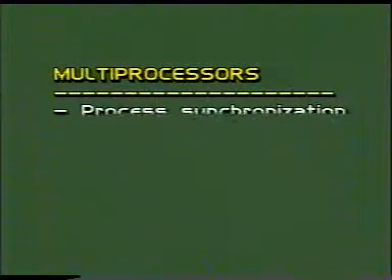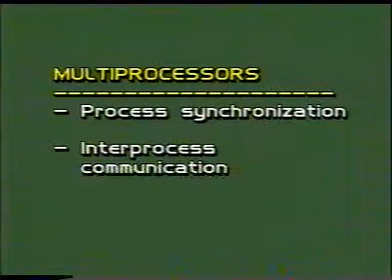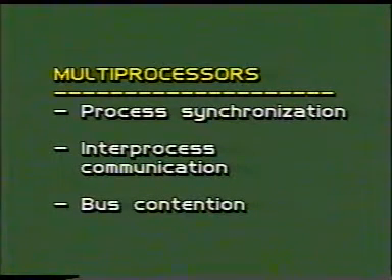Multiprocessing support. To achieve high throughput, multiple processors can be used simultaneously to solve a given problem. To facilitate multiprocessing, several related problems such as process synchronization, inter-process communication, and bus contention ought to be resolved.